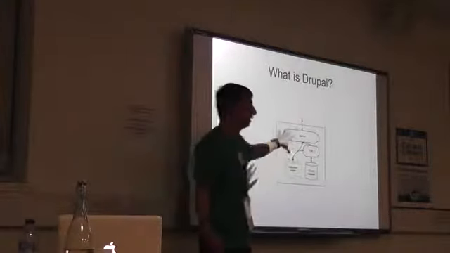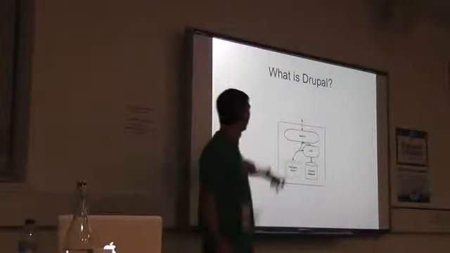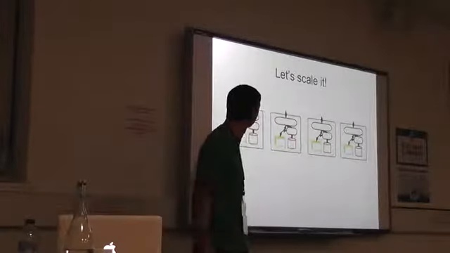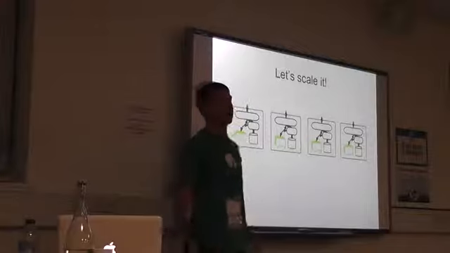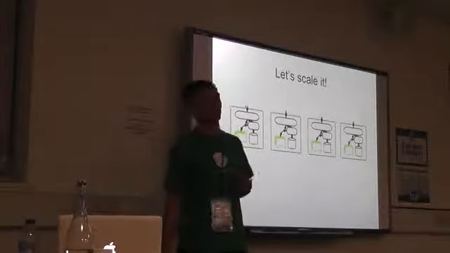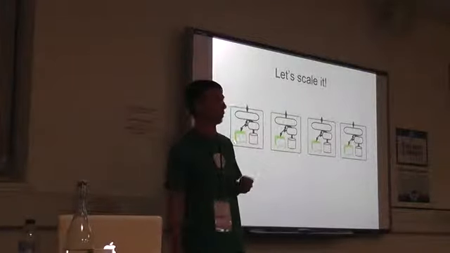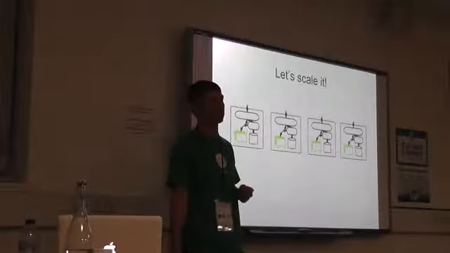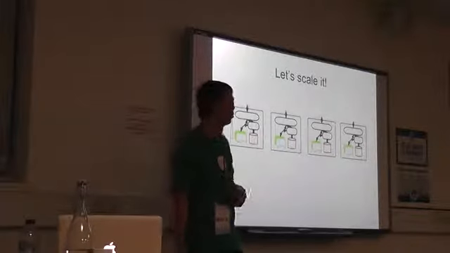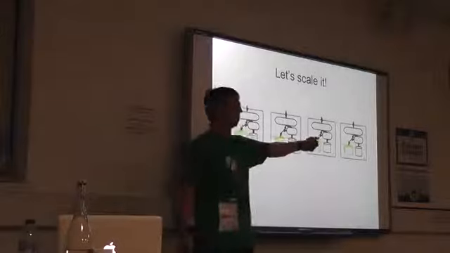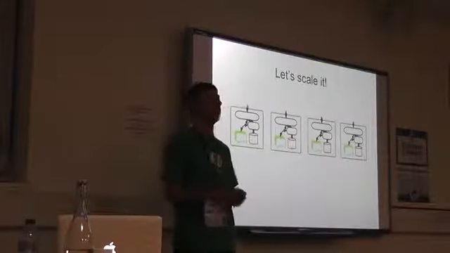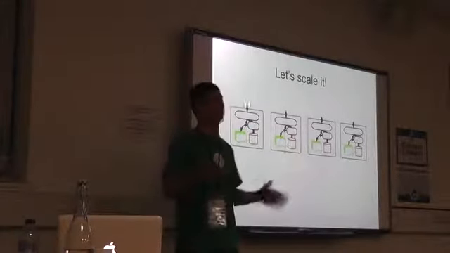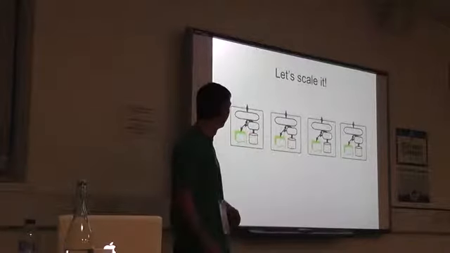So essentially, these are the main components we've got on each server in its blue box. So let's scale it. There's two methods of scaling. One is grandly called vertical scaling, that basically just means get a bigger box. That's not what I'm going to talk about. I'm going to talk about this, horizontal scaling, which basically means get more boxes. So you have more machines able to handle more load.